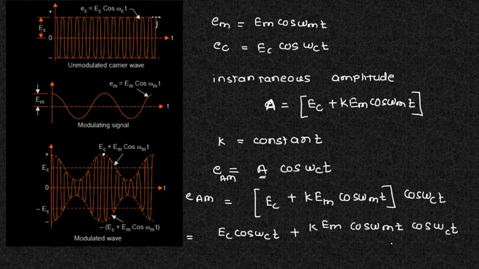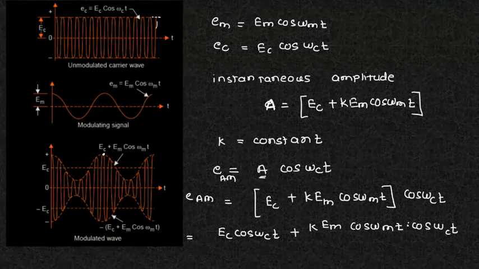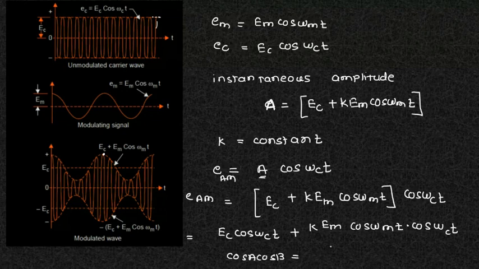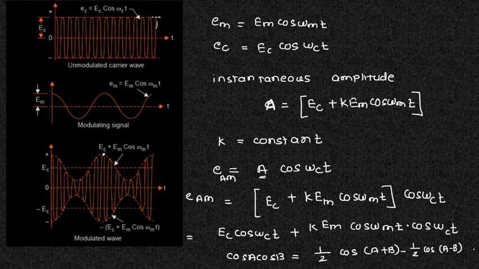omega ct. Now I have this equation which is in terms of cos A cos B. You know that cos A cos B is equal to 1/2 cos(A plus B) plus 1/2 cos(A minus B). Okay, so we have got our equation in that way.